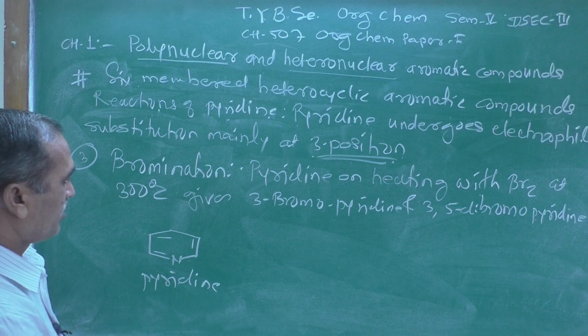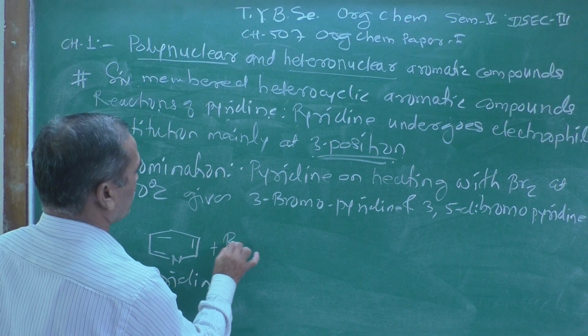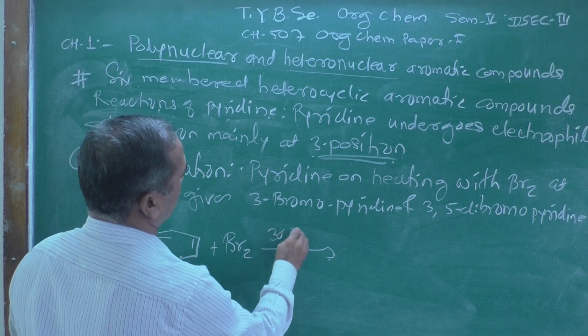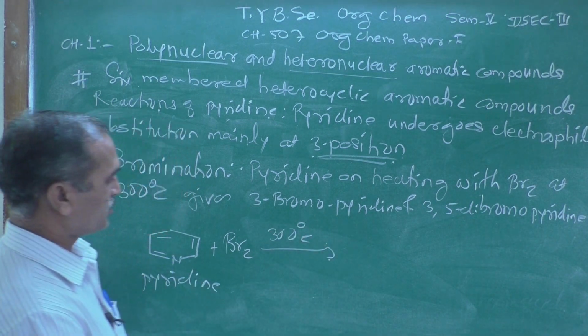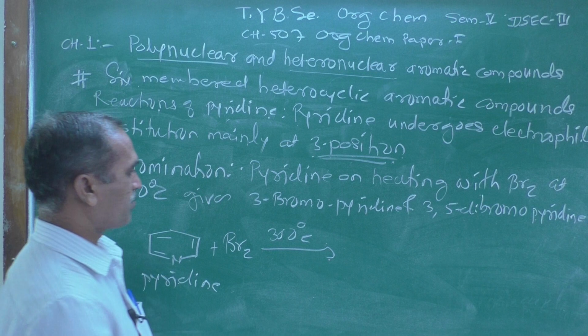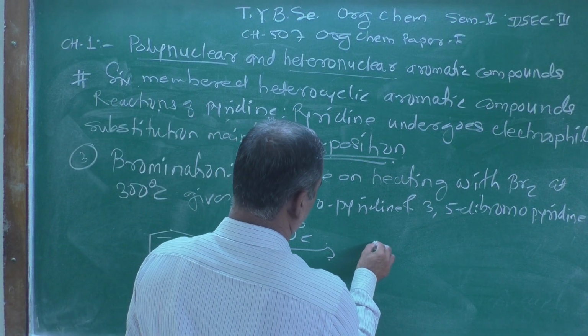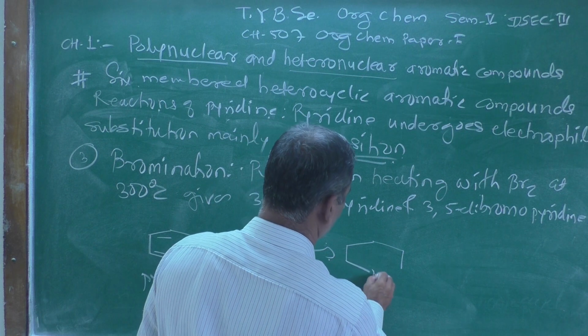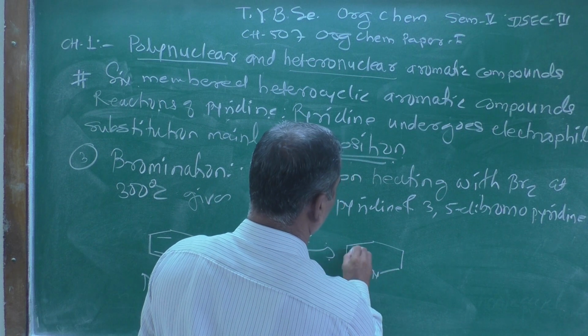When that pyridine is treated with Br2 at 300 degrees centigrade, what would be the product? A mixture of products is obtained, and I am showing those products over here.